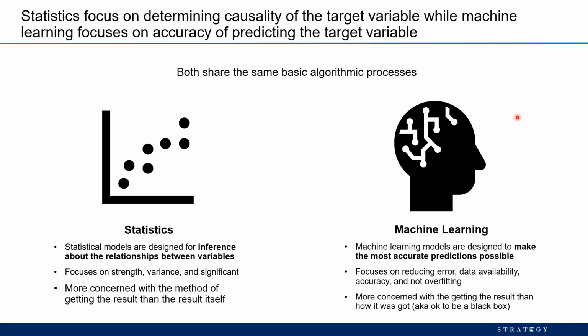Machine learning, on the other hand, does not care at all about explaining. Rather, it leaves everything to a black box. The biggest focus of machine learning is to create a model that can most accurately predict or produce outcomes.